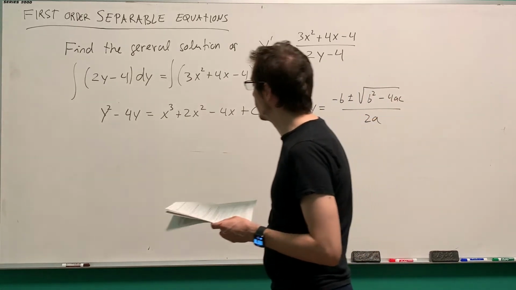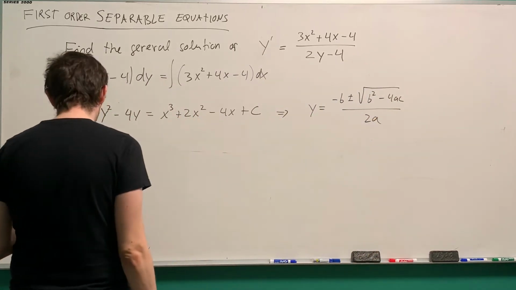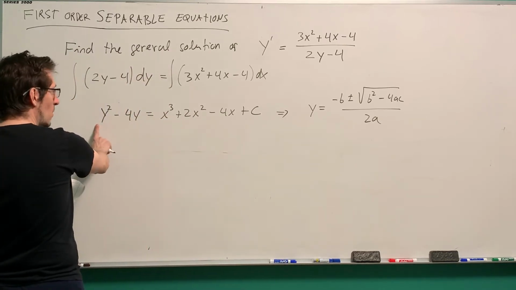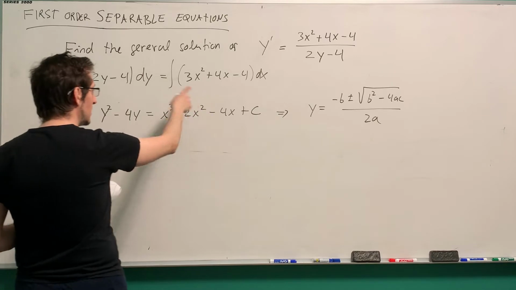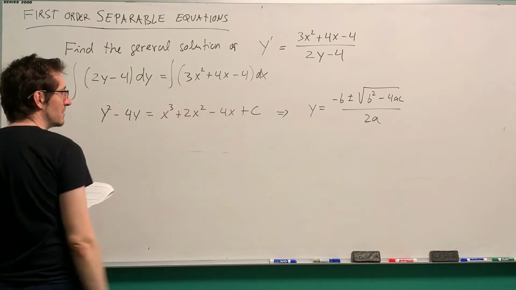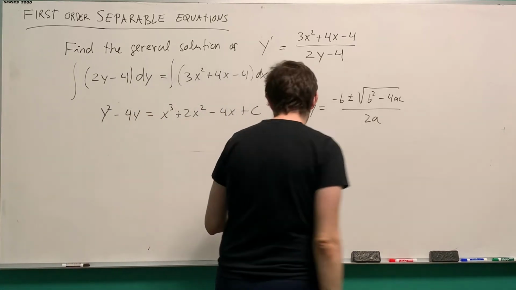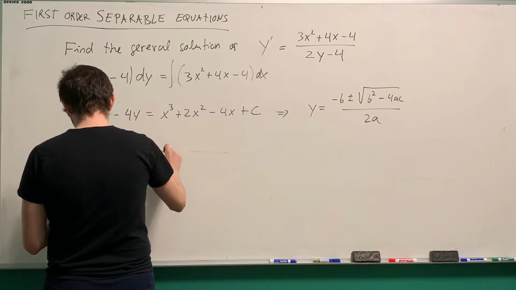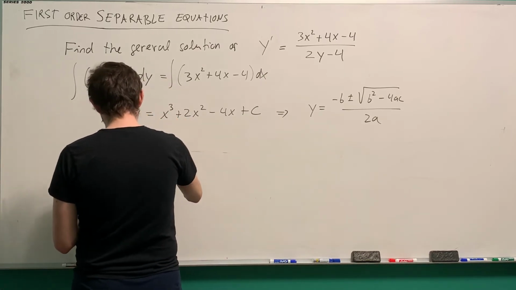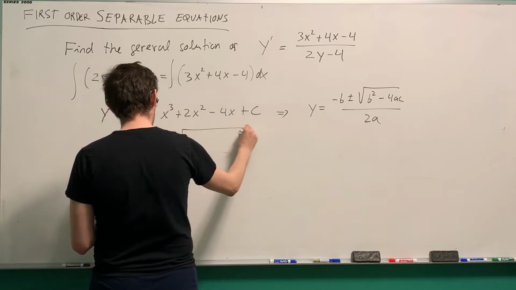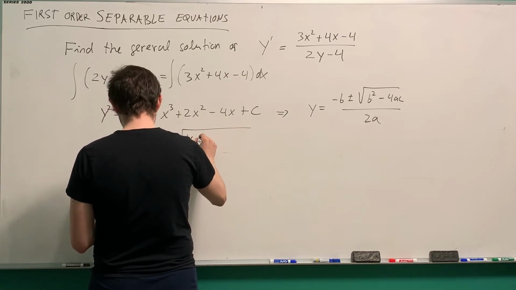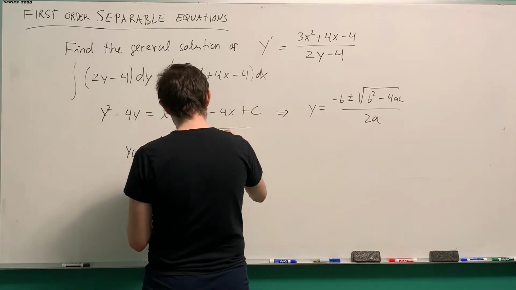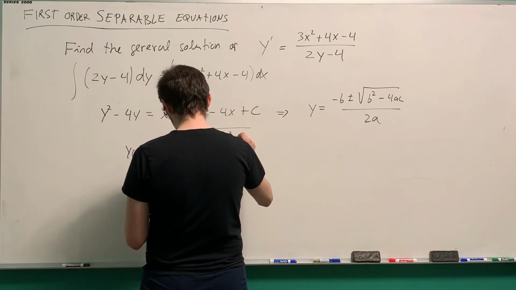Well, those are the terms of the quadratic equation. So if we substitute in this case, we know that b is 4, a is 1, and small c is all this thing with a negative sign. Anyway, so if we write it, we get that y of x, the solution, is equal to 4 plus or minus the square root of 16 plus 4 times x cubed.